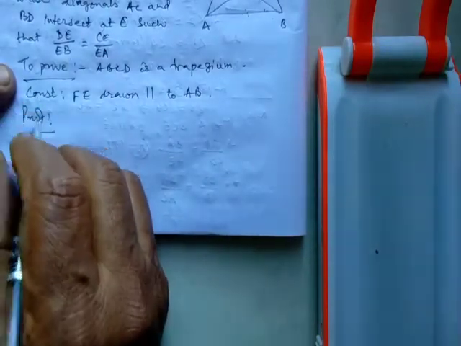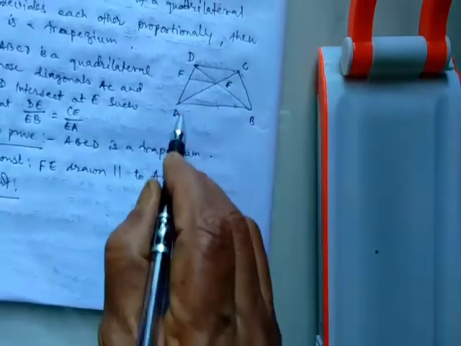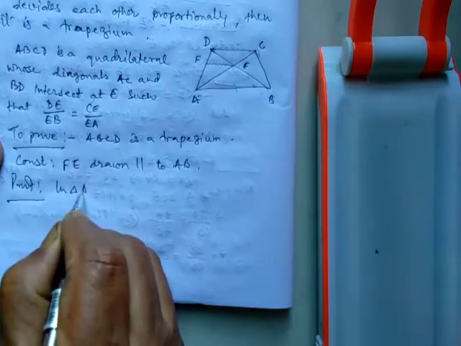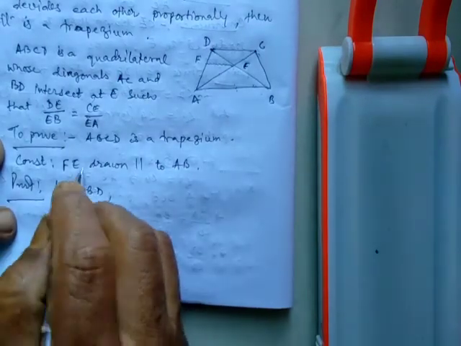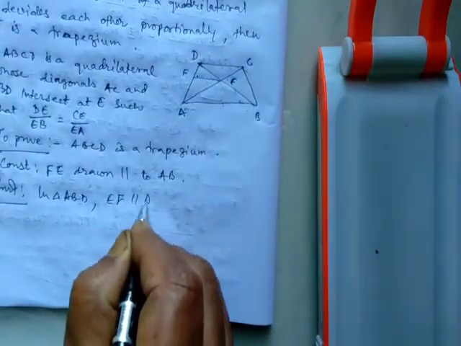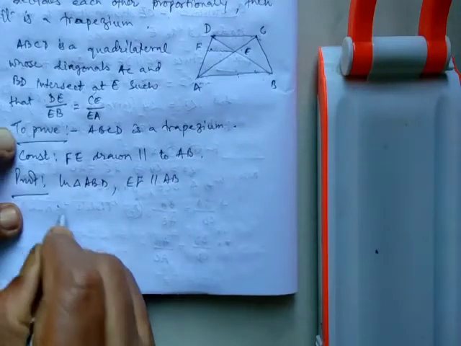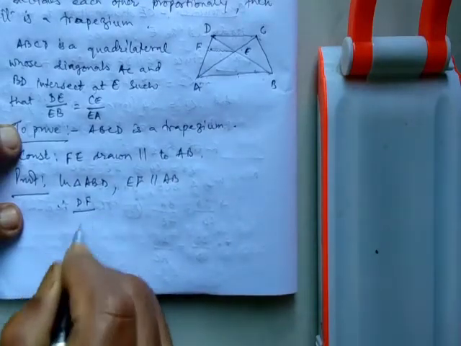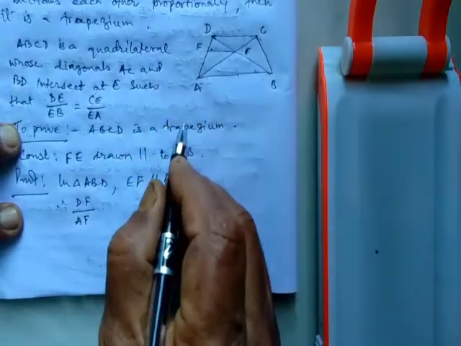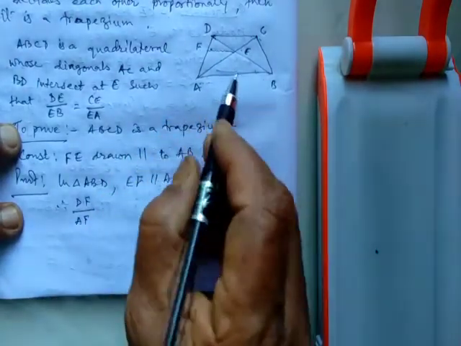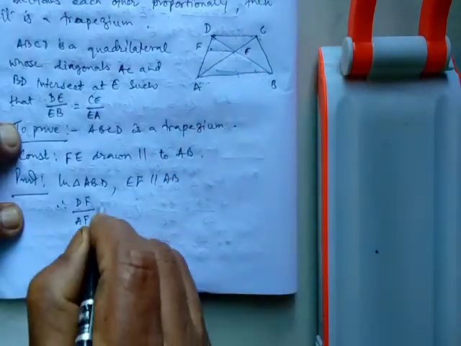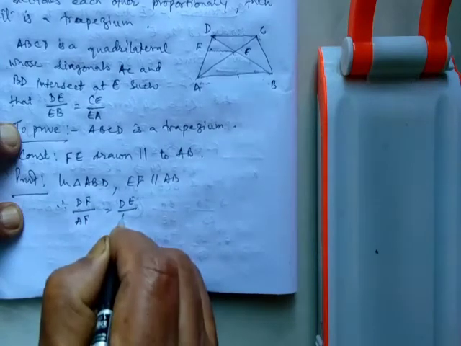See. In triangle ABD, in triangle ABD, EF parallel to AB, therefore DF by AF is equal to DE by EB.